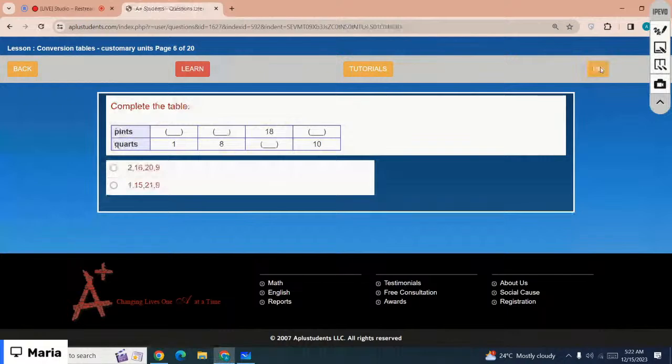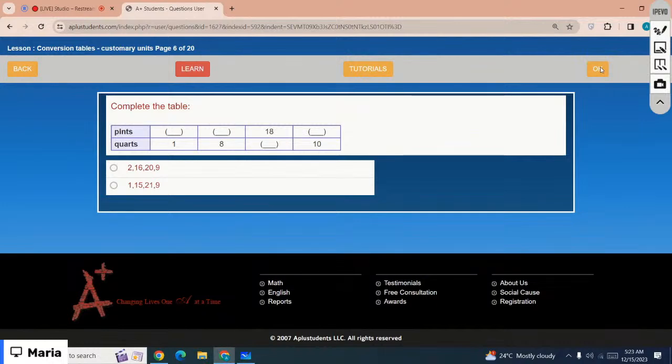Complete the table, which is the correct option, that is pints. One quart equals 2 pints. Right now, which is the correct option? One quart equals 2 pints.